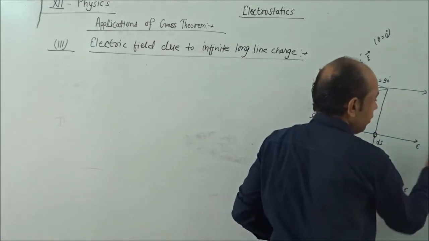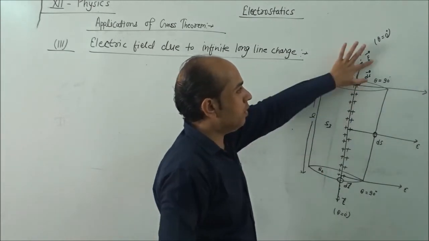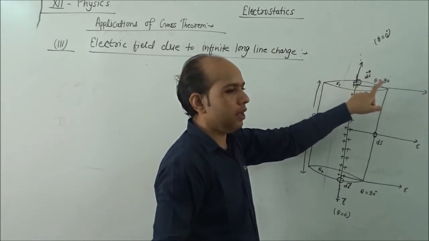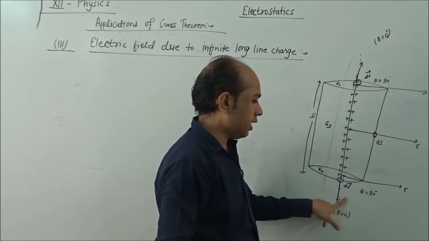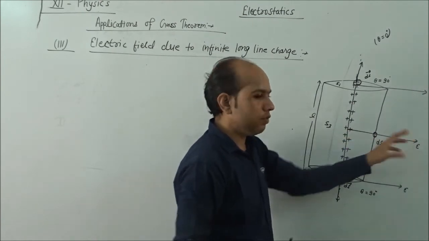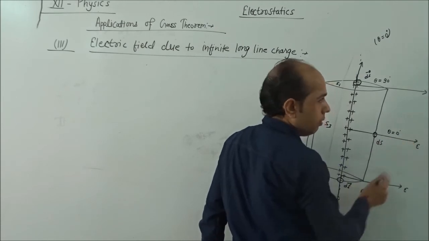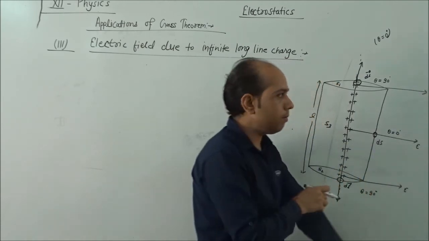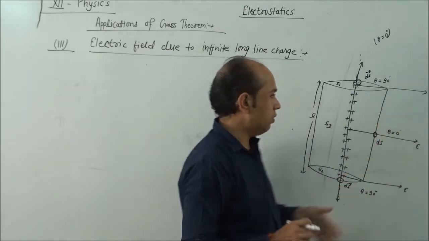Suppose this is the point. So in this situation, for the top part between E and ds the angle is 90. Similarly for the second one, between E and ds again the angle is 90 degrees. And for the last one, the curved surface, the angle is 0 degrees, because of the point where we have to calculate the electric field. Okay.